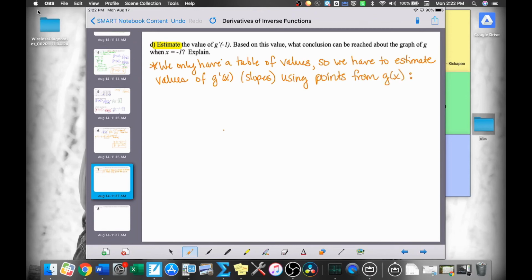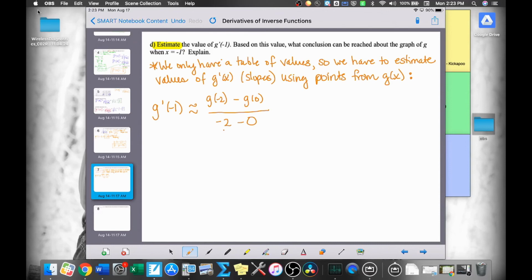Okay, so let's do that. g prime of negative 1, we're going to say is approximately equal to the slope that we get when we do g of negative 2 minus g of 0 divided by negative 2 minus 0. Again, because we don't have an x value of negative 1 in our table, we're going to use the x values negative 2 and 0.